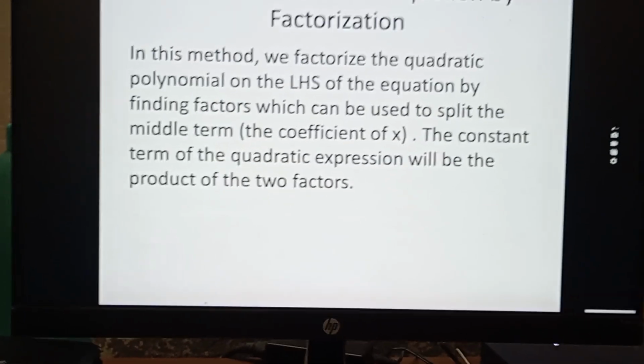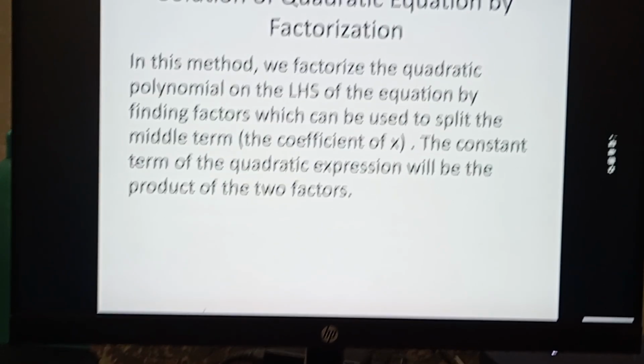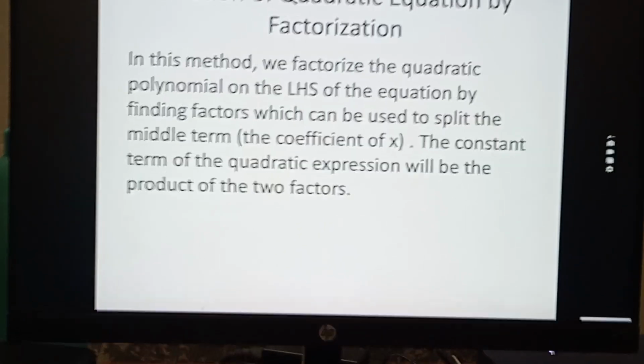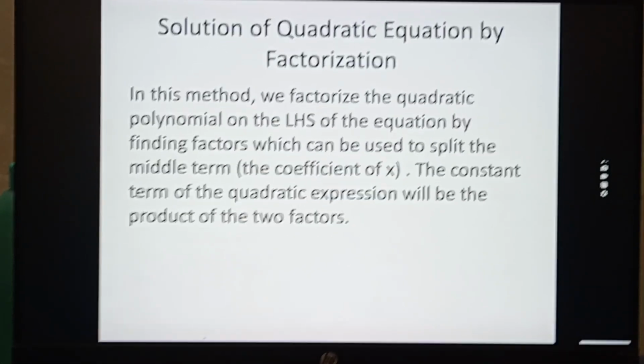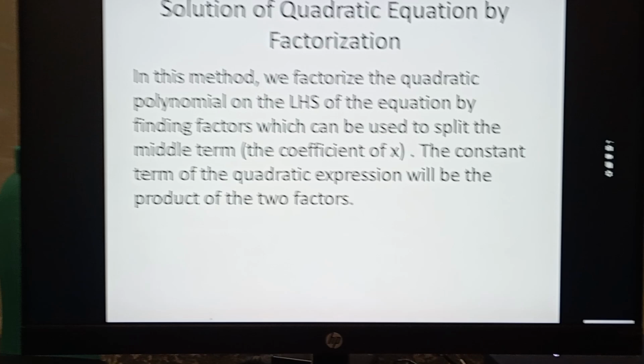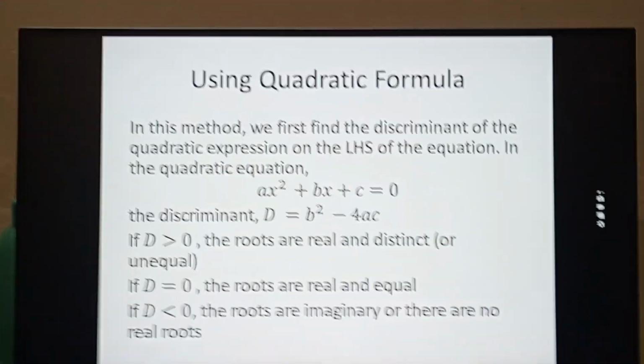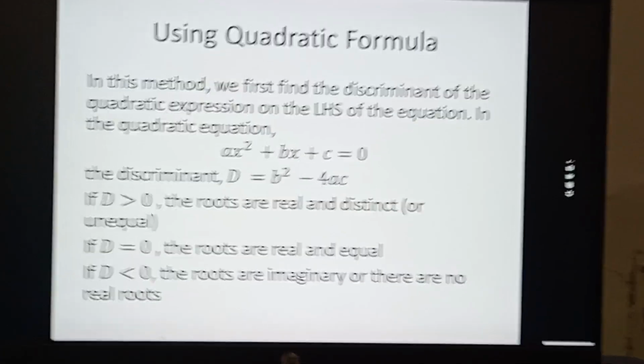The constant term of the quadratic equation will be the product of the 2 factors. This you have already learnt in the 9th standard, so it would not be a big problem for you. You just have to solve that by the method of factorization.